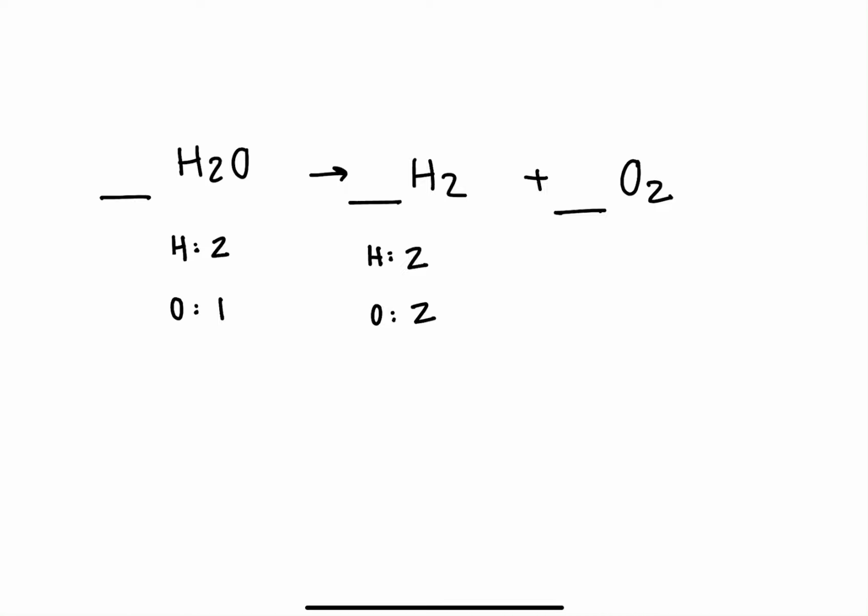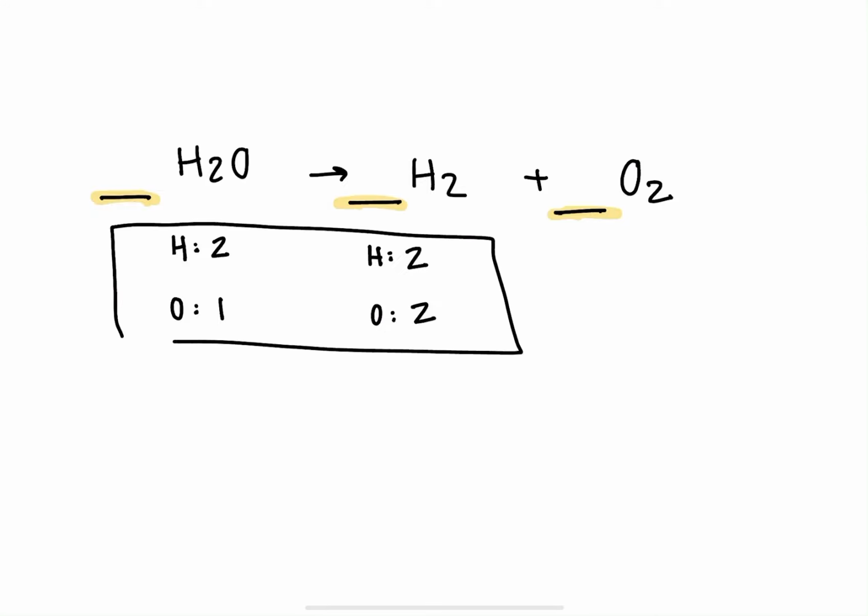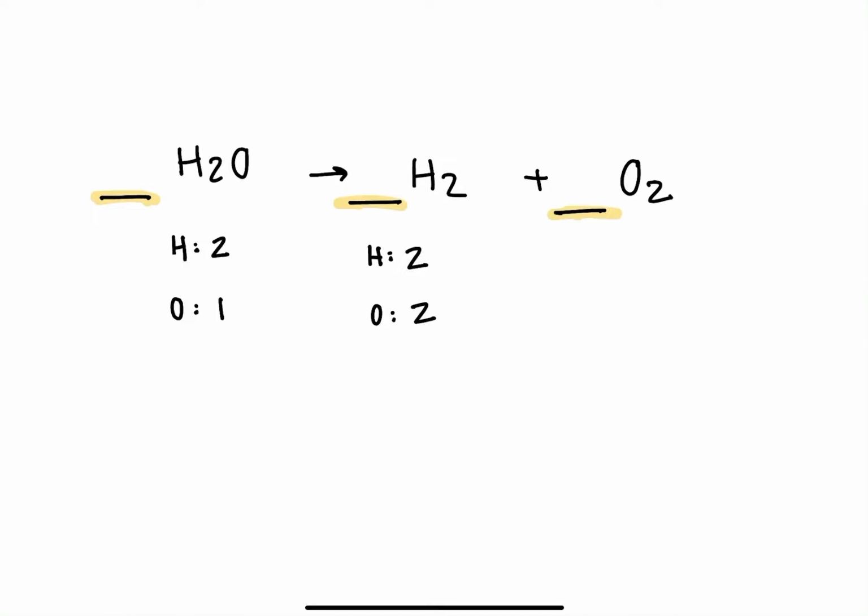So right now, all of our elements, we have blank coefficient lines, okay? The purpose of what we're trying to do is to change each element's coefficient so that we can balance these numbers from our lists, meaning we want to have, for example, 2 H's on the left, 2 H's on the right, and however many number of oxygens we have on the left, it should be the same on the right.